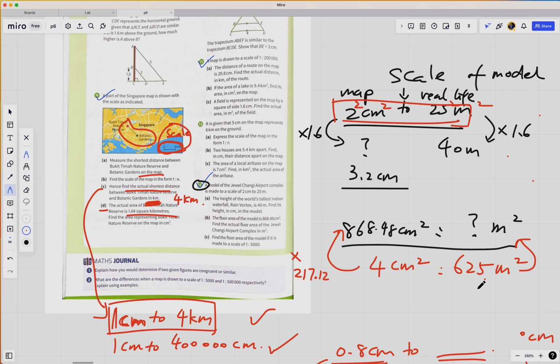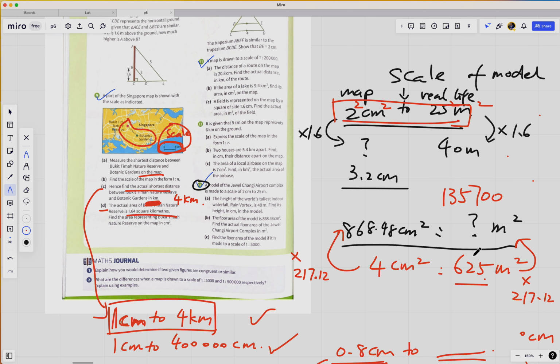So similarly you need to times 625 by the same factor, then you will get 135,700. So that's the answer.